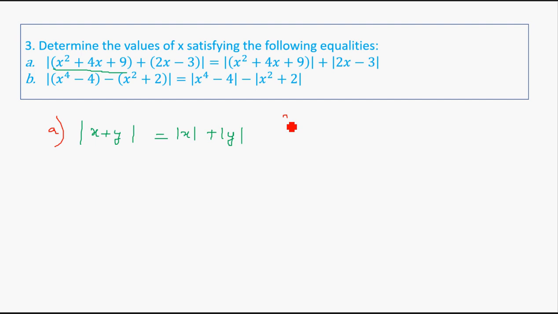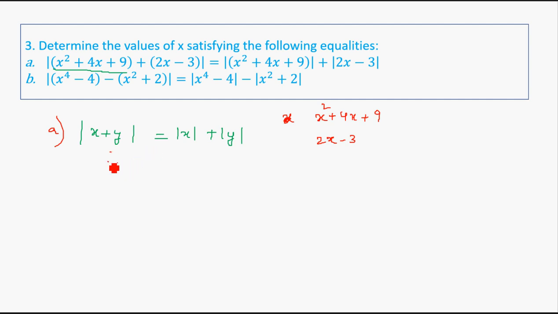Now here, what is x? The first term is x square plus 4x plus 9, and the second term is 2x minus 3. Okay, so from this condition, what I want to tell is, when is this condition true?